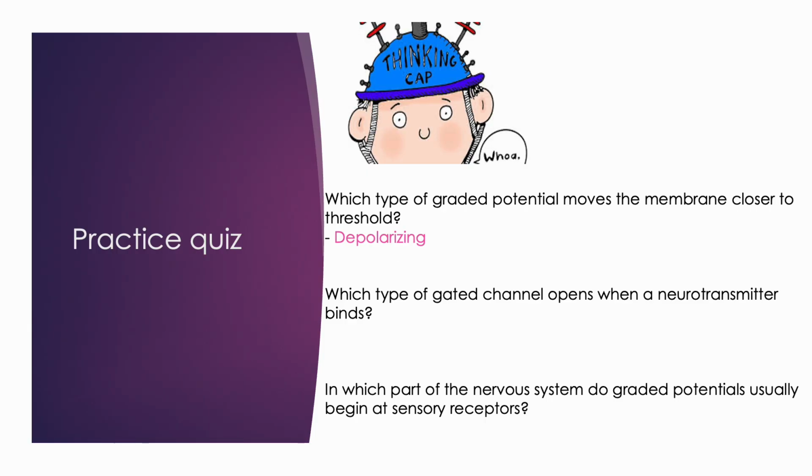The next question is, which type of gated channel opens when a neurotransmitter binds? If you guessed ligand-gated, you are correct. In which part of the nervous system do graded potentials usually begin at sensory receptors? If you guessed the peripheral nervous system, you are also correct.